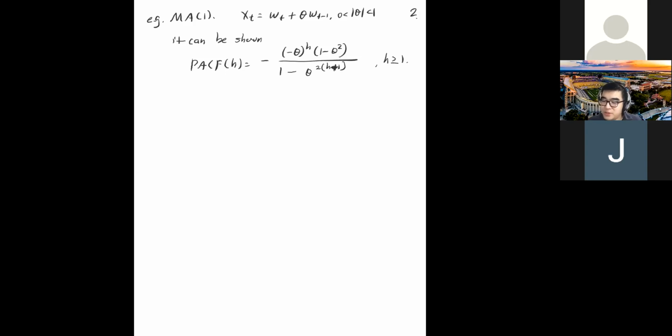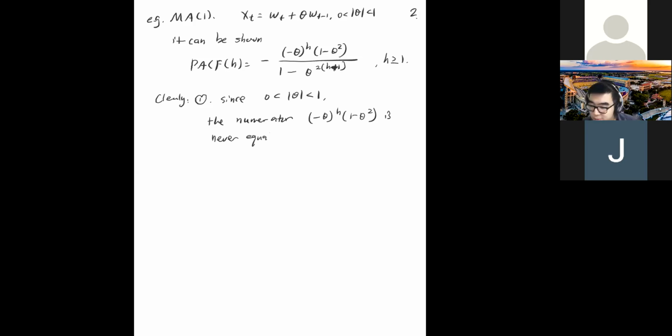So a couple of observations here. So clearly we can see number 1. Since theta is less than 1 and larger than 0, the numerator is never equal to 0. Okay, so the numerator is never equal to 0.